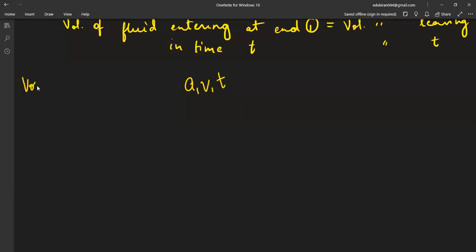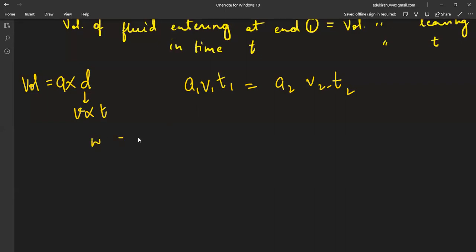Clear? See, volume is equal to area into distance, and further distance is written as velocity into time. This is clear how this is written: A1, V1, T. Similarly, this is equal to A2, V2, T. Fine. Here, T will be cancelled if we write the same.